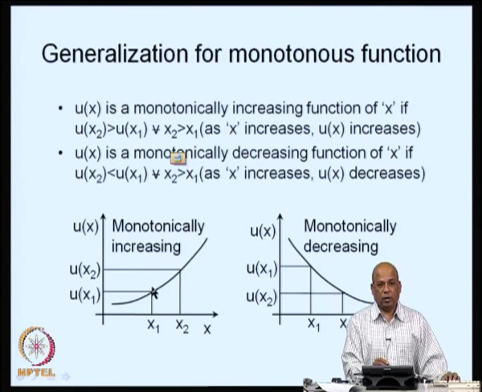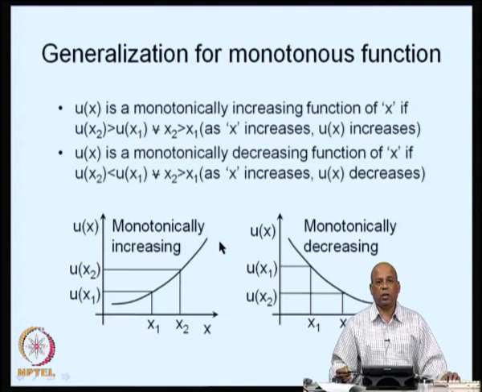Your function value corresponding to x 1 is u of x 1, and corresponding to x 2 is u of x 2. So, u of x 2 is greater than u of x 1, as it is in this particular case, for all x 2 greater than x 1. In such a case, we call this function a monotonically increasing function.